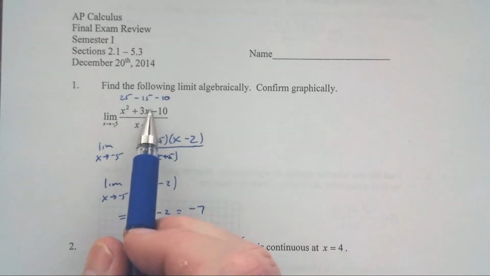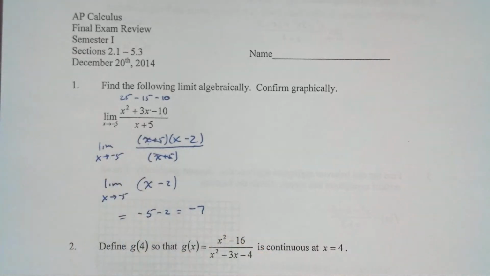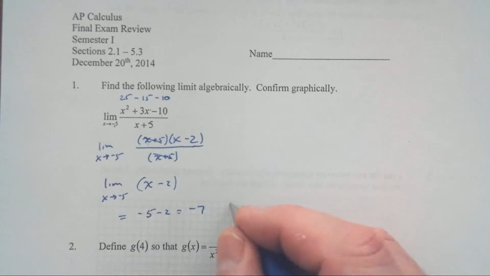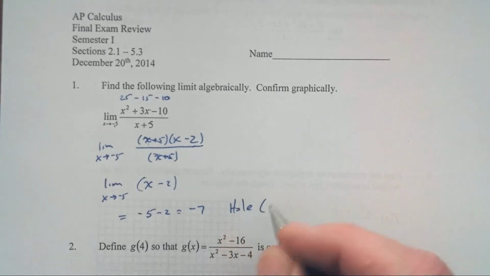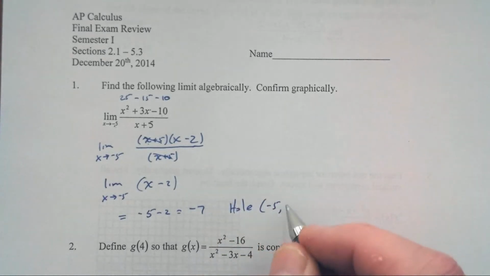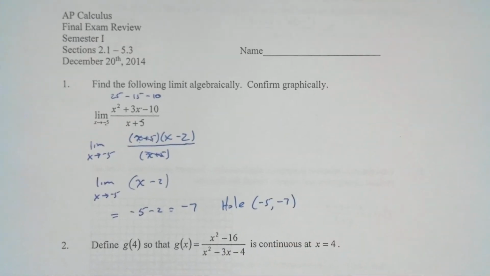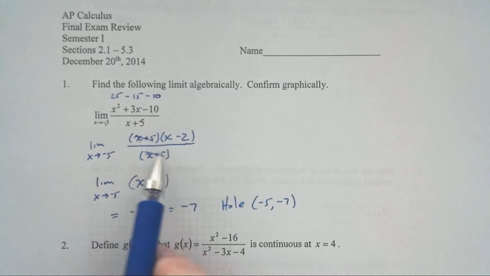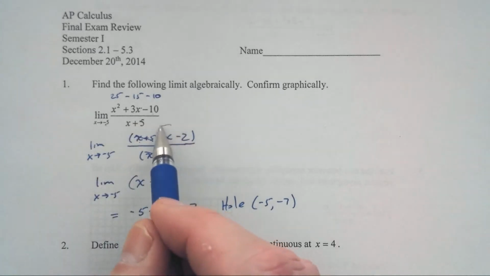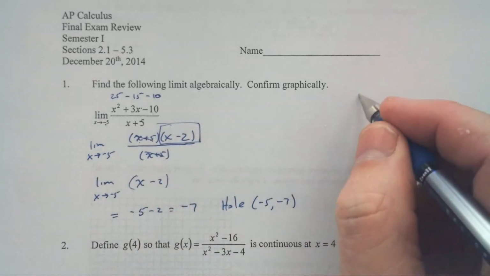Now, when we get a 0 on 0, that's an indication of a hole in the graph. So we have a hole in the graph. When we get to -5, we have a hole at -7. That's what that showed to us. Now, we understand the graph of this wants to look like x minus 2.